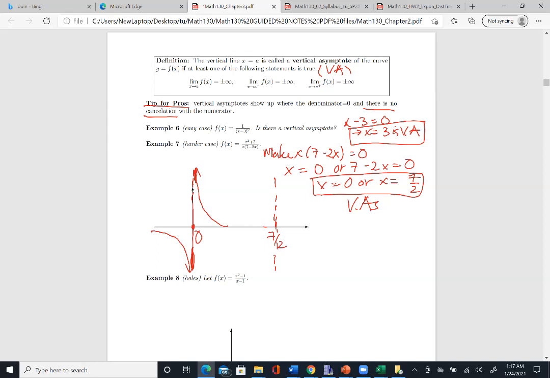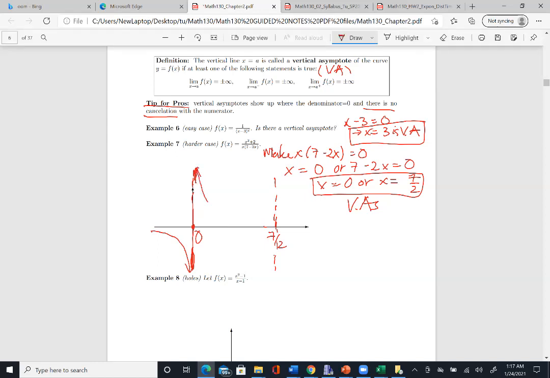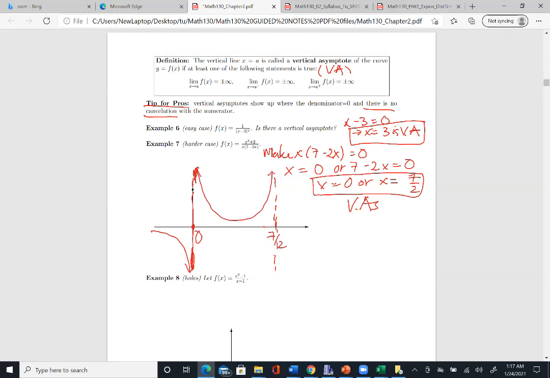On the left-hand side of 7/2 it also goes up, and lastly it goes down when x comes from the right side of 7/2, going along the y-axis later on. You can check it with decimals to see the graph and understand.